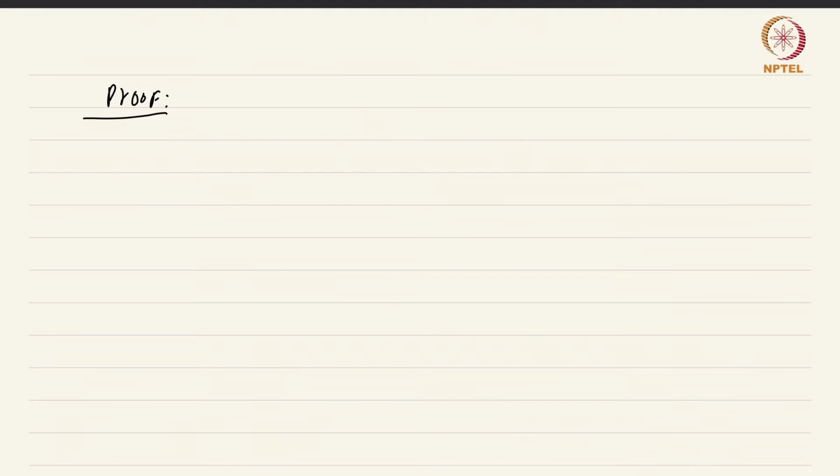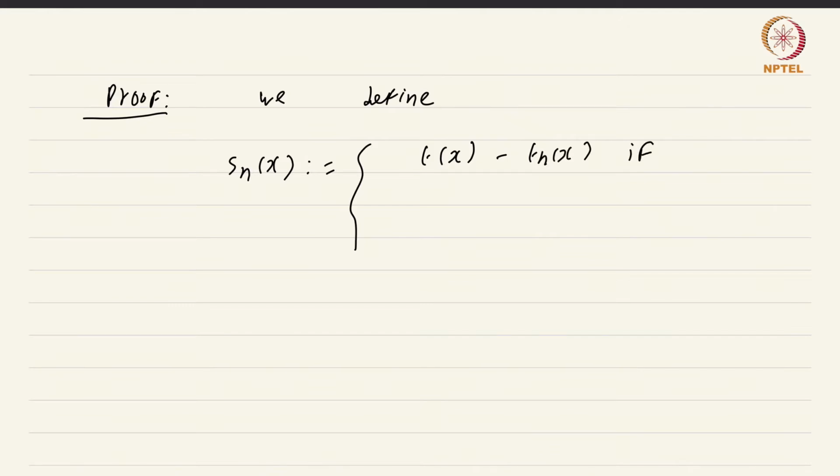So what we do is we define Sn(x) by definition to be equal to T(x) minus Tn(x) if T(x) is greater than or equal to Tn(x).